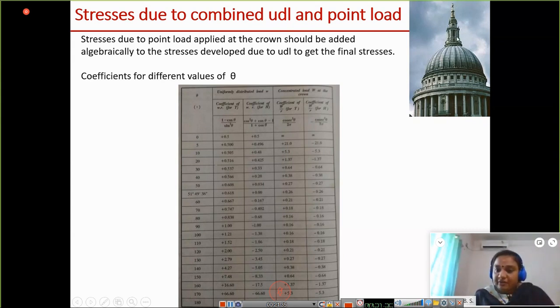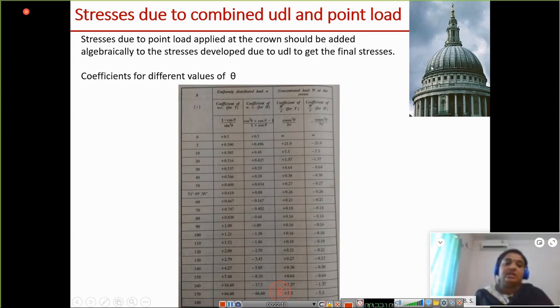So if you have a case like this, it's the combined load. It's not only the live load that is coming there, and also the dead load that is coming because of the weight is also considered as small w. So in this case, because we have stresses due to UDL here, the self-weight and environmental loads, and a point load, these stresses will get added up.